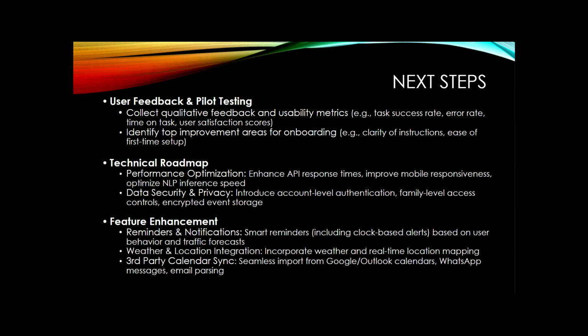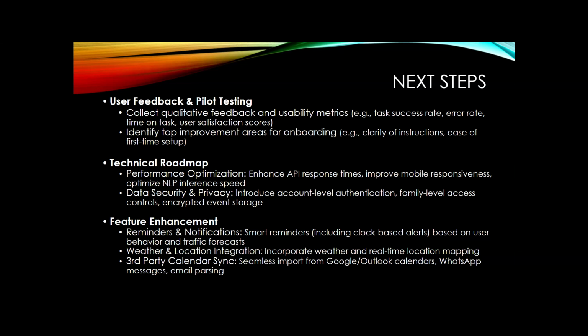We are building smart reminders that learn from the user behavior and adjust based on traffic conditions, including clock-based alerts, making the alerts timely and personalized. Second, we will integrate weather data and real-time location mapping using third-party API to improve the accuracy for planning.